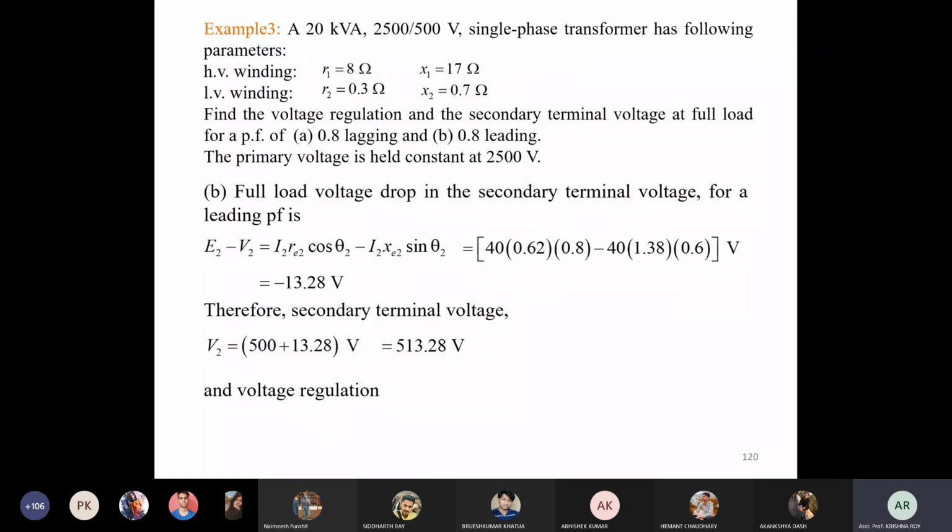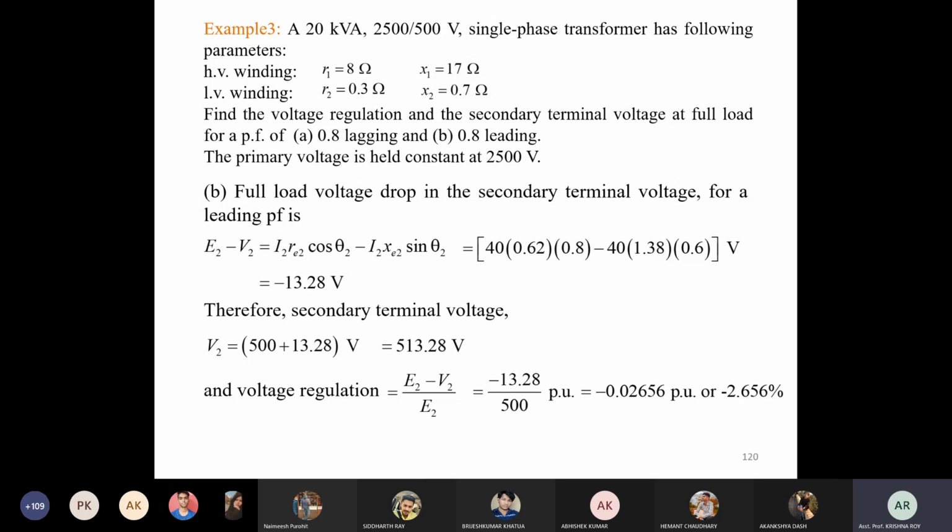You have to mention the sign also. So minus 0.02656 per unit, or minus 2.656%. So when the power factor is leading, you will have negative voltage regulation.